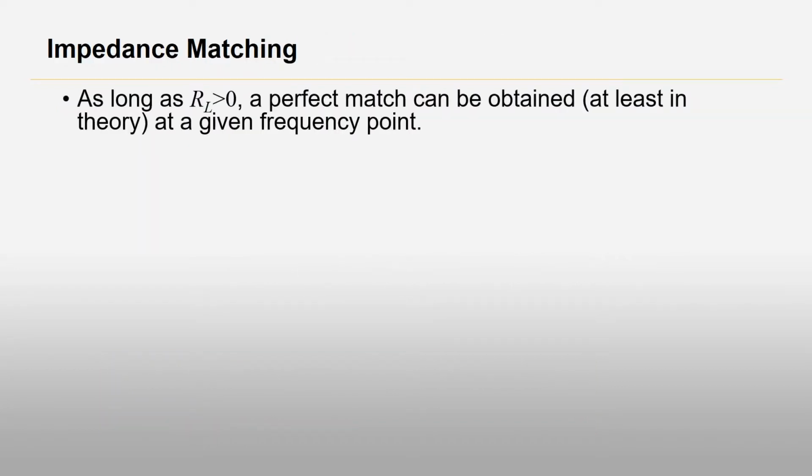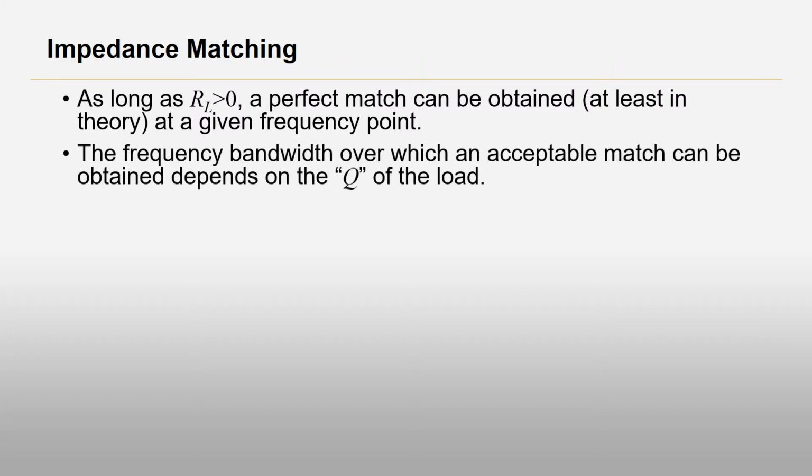As long as the real part of the load is greater than 0, a perfect match can be obtained, at least in theory, at a given frequency point. Now, there are some good reasons why you may not be able to achieve it, because if RL is very small compared to the reactive part, it may be very difficult to achieve the perfect match in the face of component tolerances, etc. The frequency bandwidth over which an acceptable match can be obtained depends on the Q of the load.